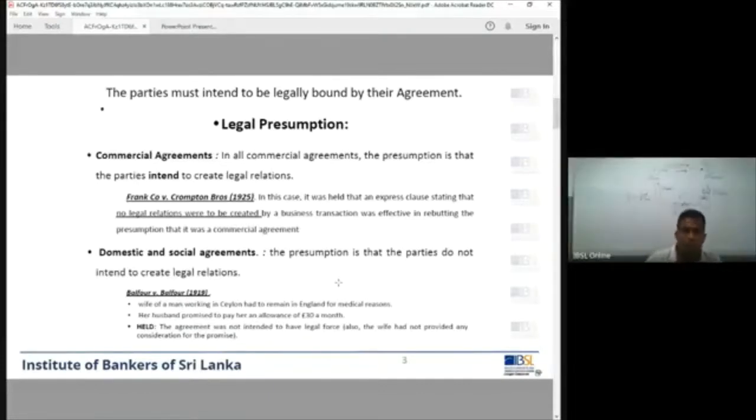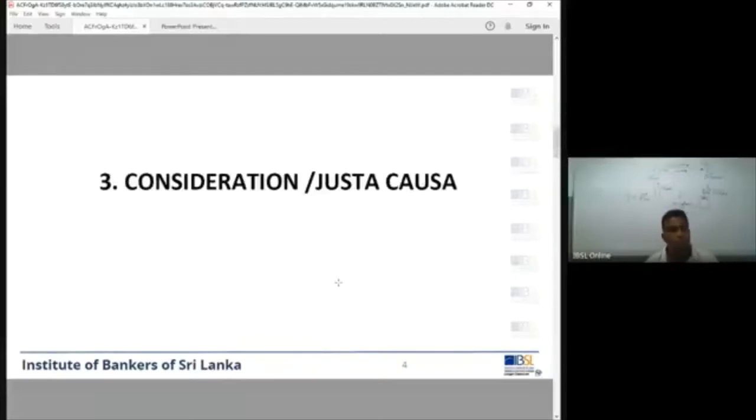The next one is the third element, consideration or justa causa. Consideration means, a singular meaning of consideration is pratishtava.